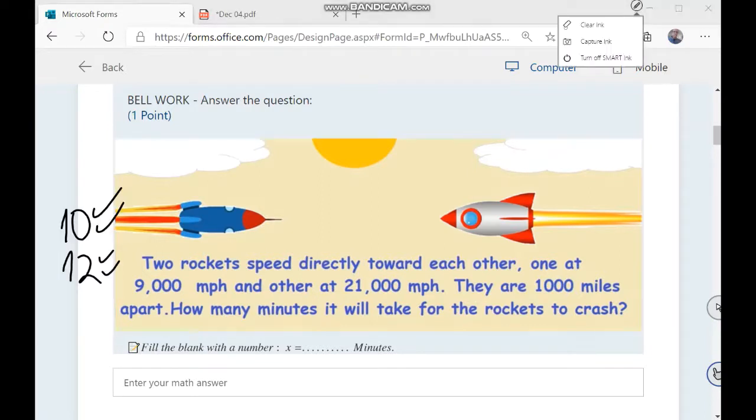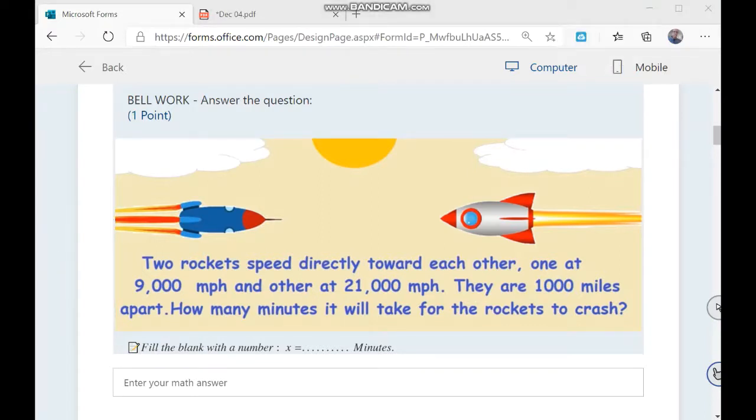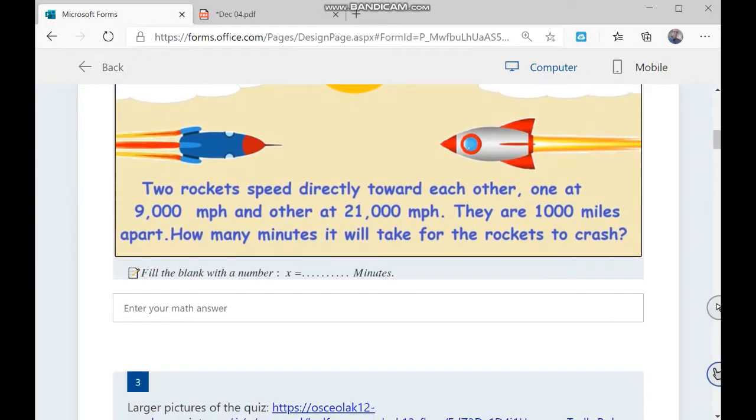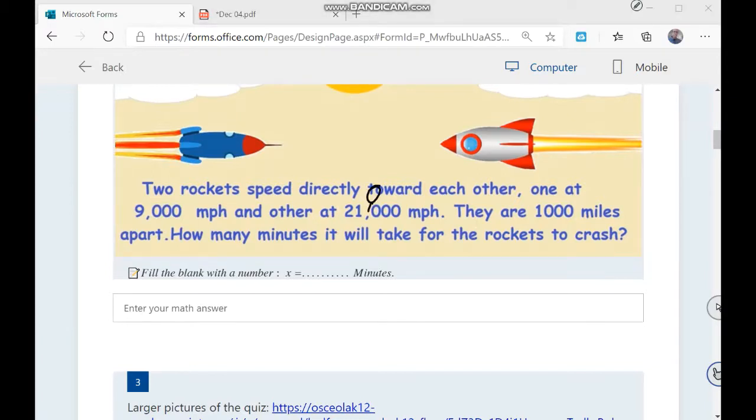Let's check how to work this out. Well, Iwi was working in the right direction, with the right thinking. Let's say you're looking at the rockets from the floor, from far away, and you see the speed of this rocket here, let's say 9K, and the speed of this other rocket, 21K.